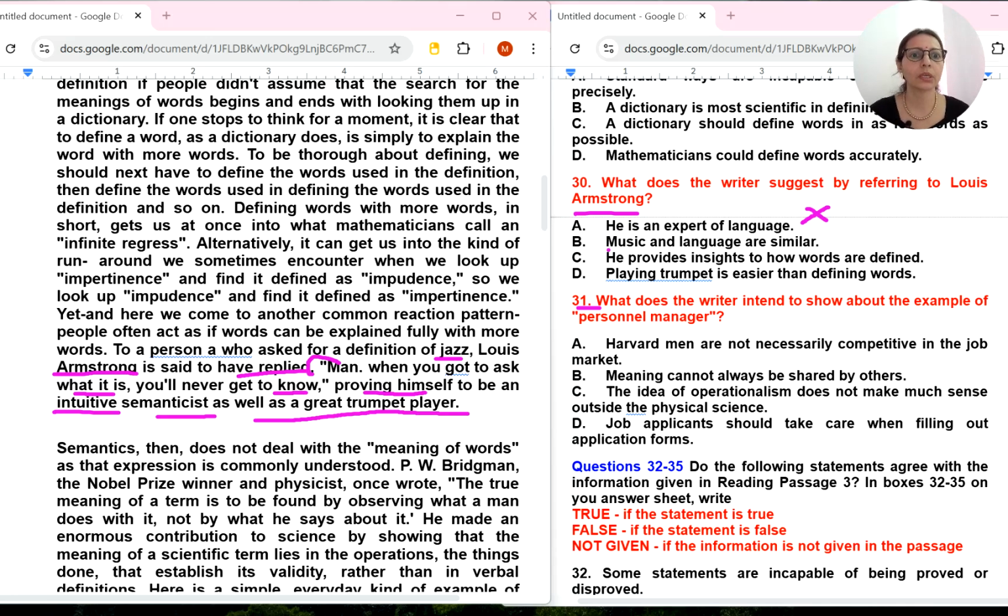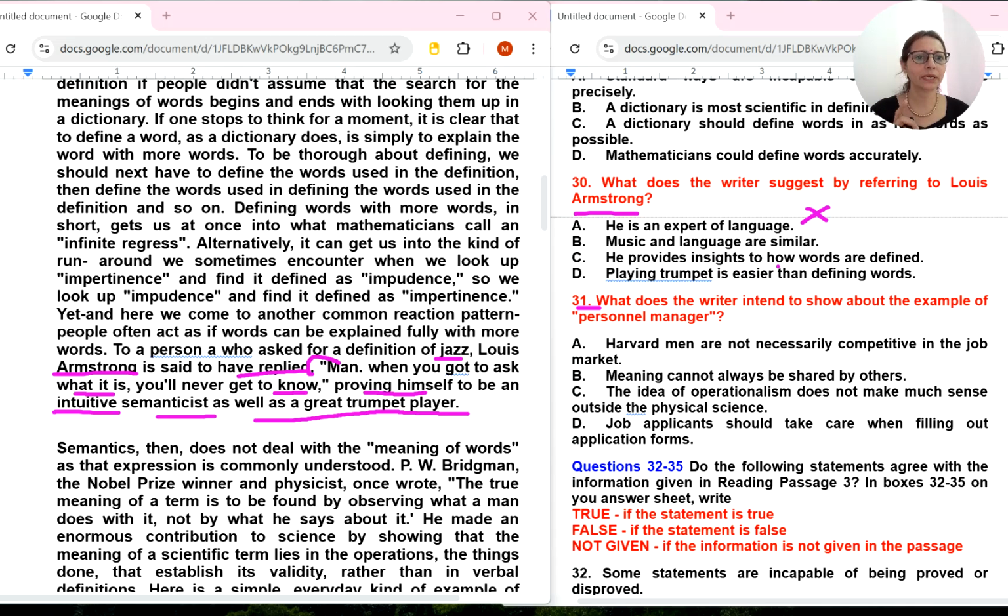About Mr. Armstrong, music and language are similar? Maybe music. Great trumpet player, as well as intuitive semanticist, are similar, because they have given 'as well as', and we can consider it, but let's read the other.